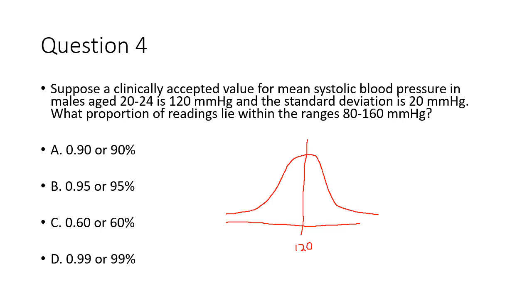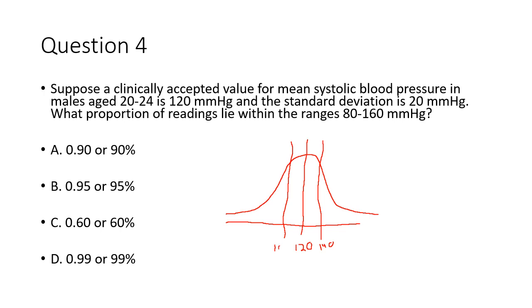Anyway, so let's look at the values in either direction here, right? So again, imagine that I went one standard deviation out in either direction. And because my standard deviation is 20, I know that one standard deviation to the right would be 140. And one standard deviation negative, or going to the left here, would be just 120 minus 20, right?